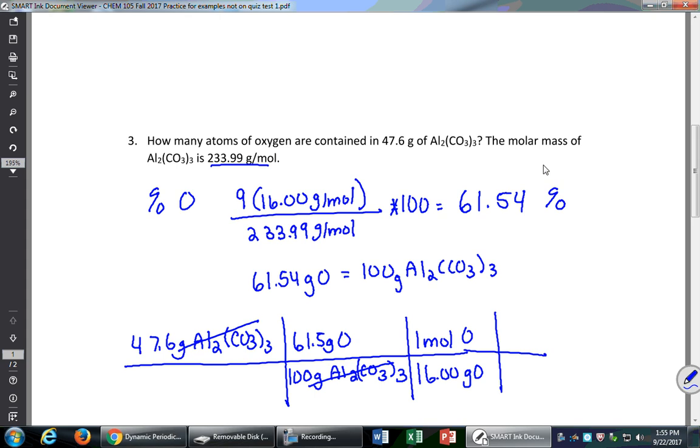So that's one relationship that we have that we can look up. And remember, I'm writing down that gram oxygen because I know that I'm not making a mistake. If I used a molecular weight for my other thing, that wouldn't work. And then lastly, we want to know our atoms, so we can use Avogadro's number.